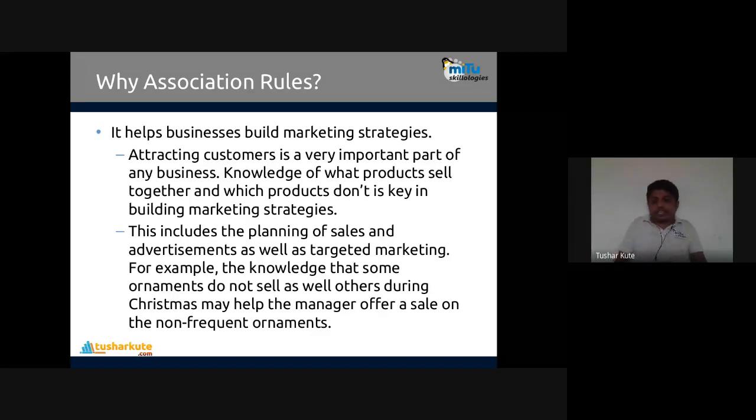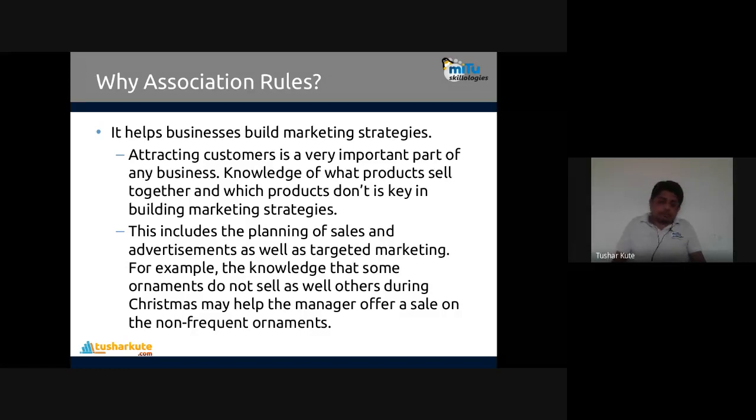Yesterday we saw clustering techniques. In clustering techniques also the same things are there. We do targeted marketing: we target those people, those clusters only. Again in that we have associations. So target them. For example, knowing that some ornaments do not sell, during Christmas that may help the manager offer a sale on some non-frequent ornament.